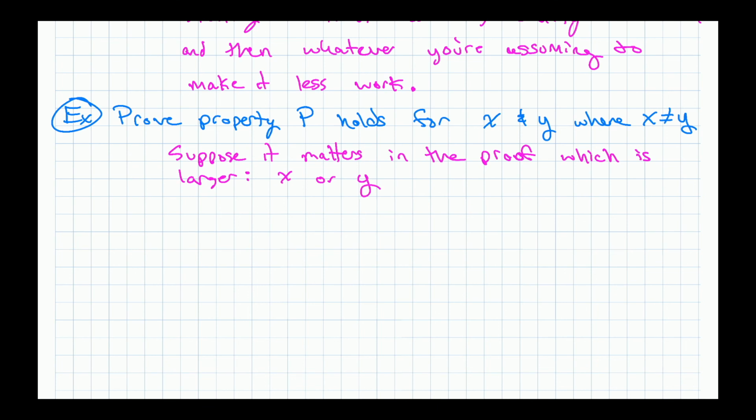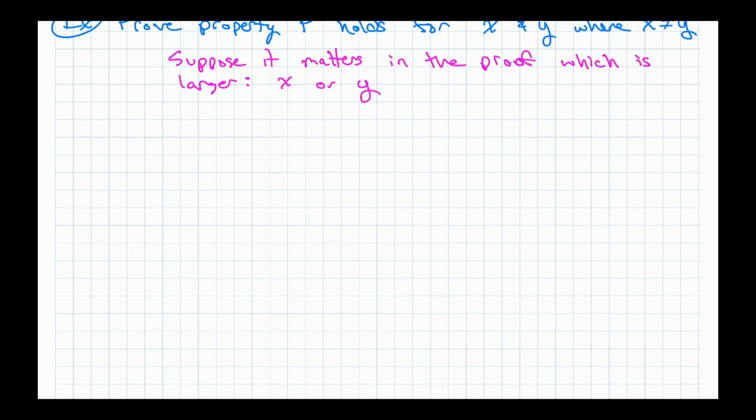I don't know, that depends on the specific math, but it matters which one is the biggest. Then technically your proof would have to be in cases, right? Because if it matters which one's bigger, you would have to split this into two cases, where case one is: let X be greater than Y.